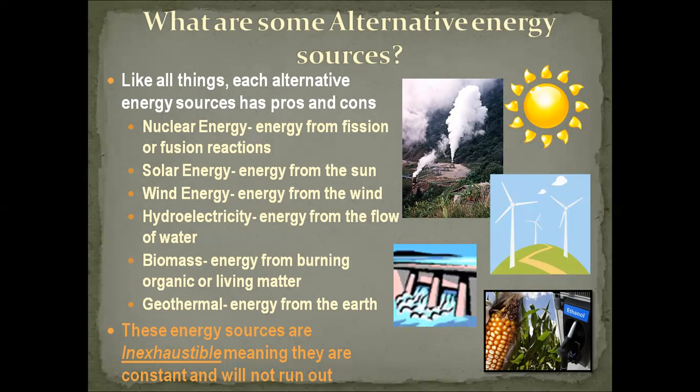Wind energy, energy from the wind. Hydroelectricity, energy from the flow of water. Biomass, energy from burning organic or living matter. Geothermal, energy from the earth. These energy sources are inexhaustible, meaning they are constant and will not run out.